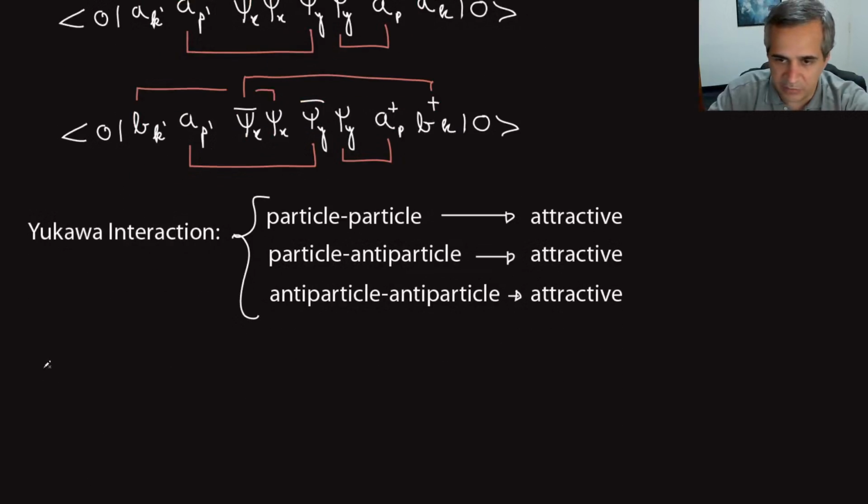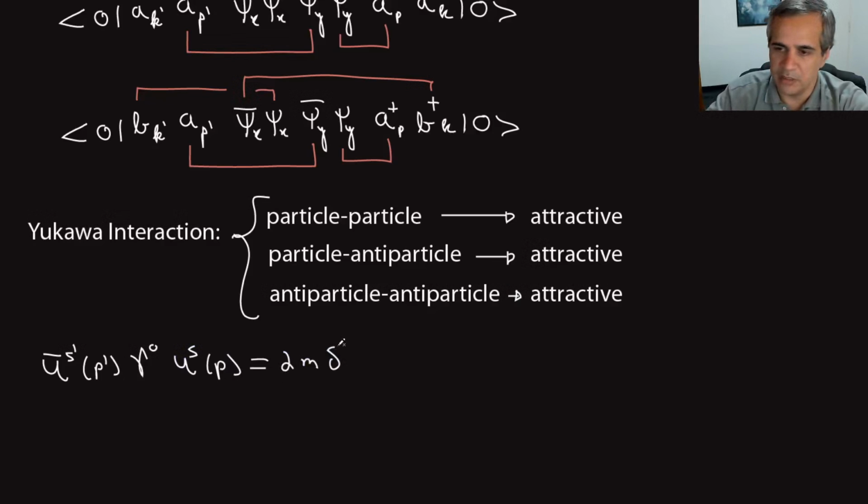So in the case of QED, I had u bar of s prime p prime gamma 0 u of s p, which in the non-relativistic limit was 2m delta s prime s. Which now will change into v bar of s prime p prime gamma 0 v of s p.